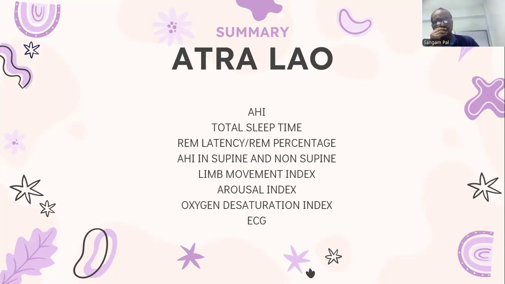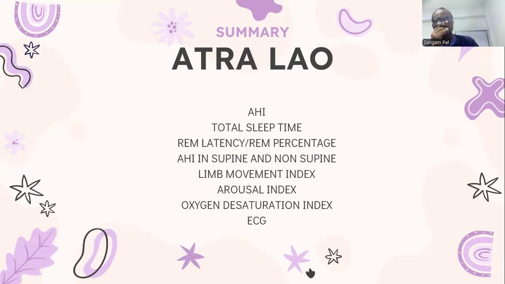The third thing we have to see is REM latency, how much time it took the patient to fall into first REM, and REM percentage, because as we know, if REM percentage is very less, it means the study has underestimated the disease.